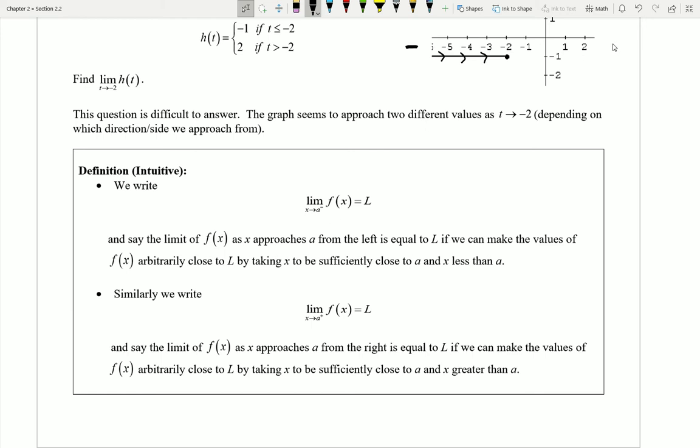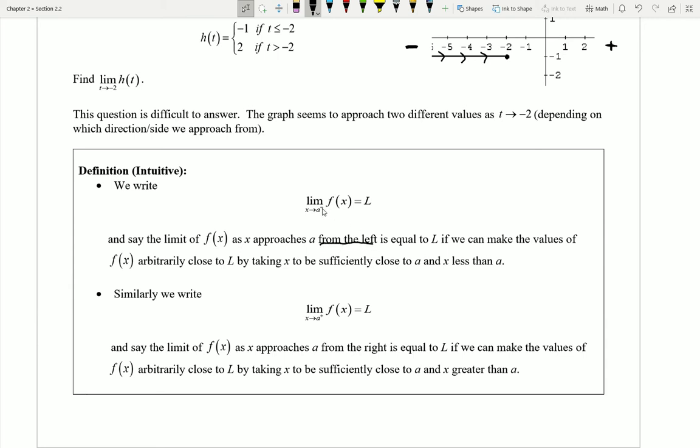And this other side I then think about as the positive side. And so if I move towards a value from the positives, that would be coming from the right. So you can see here how I use this phrasing in the definition below. I say we write this and we say that this means the limit of f of x as x approaches a from the left.